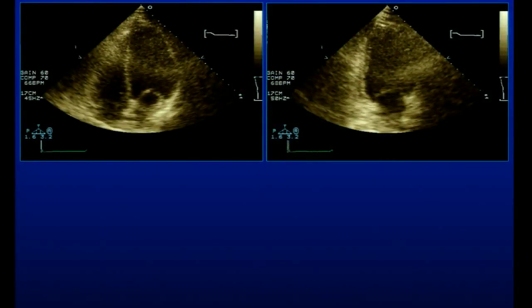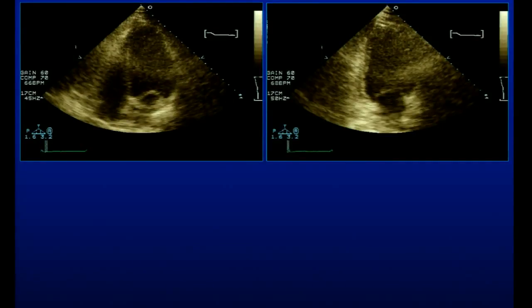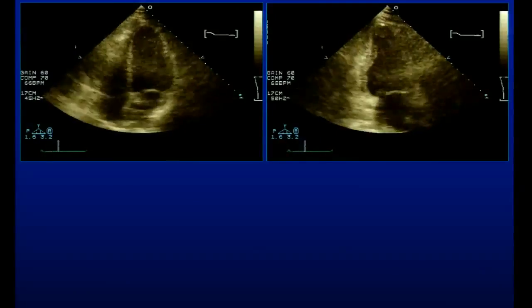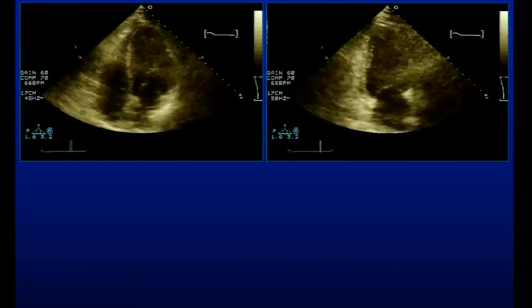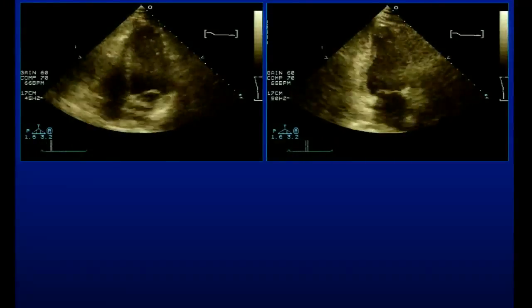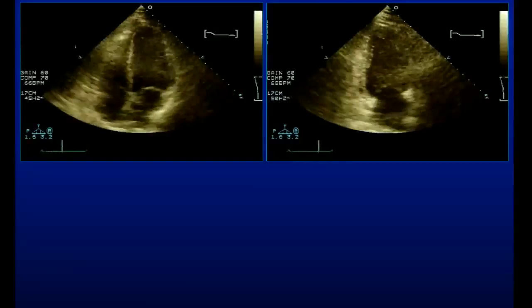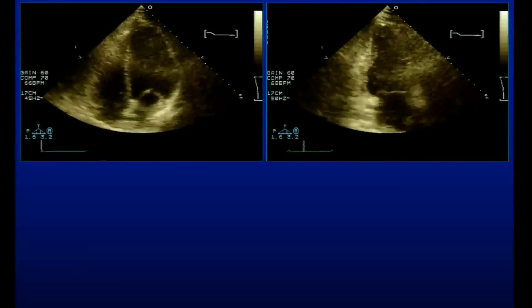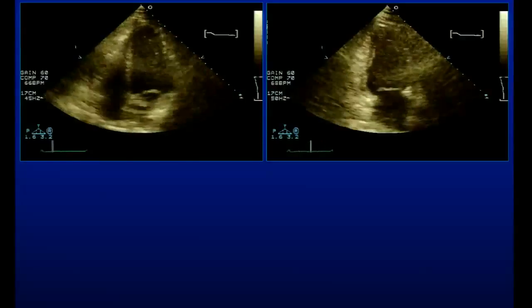All right, how about this case? Take a look at this case here. Let's see if they're going to play by itself. Yeah. All right. This is not hard to interpret, actually. I mean, you're seeing enough myocardium, right? Well, what do you see? Just say it out loud. What do you see? What can you call with confidence?